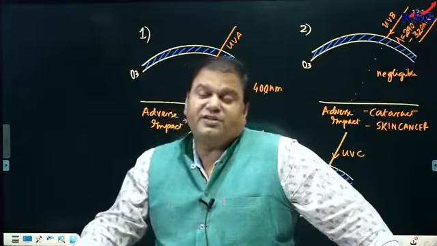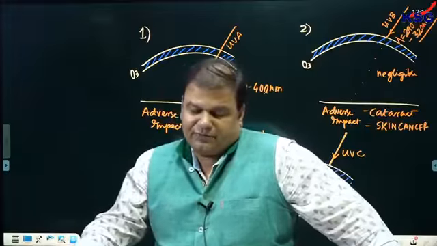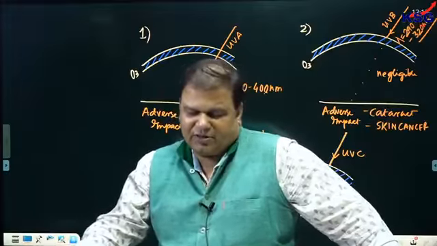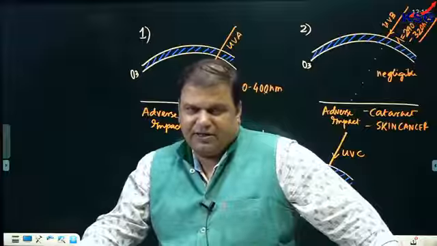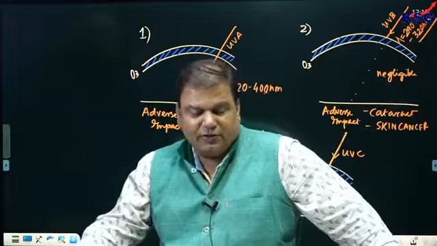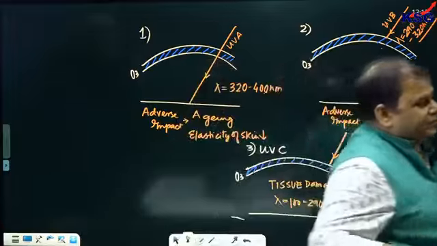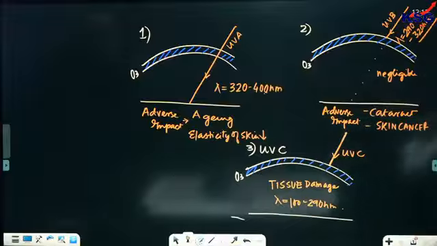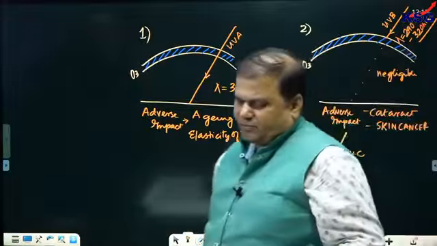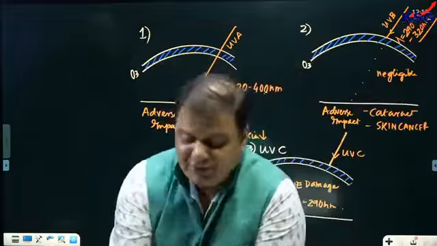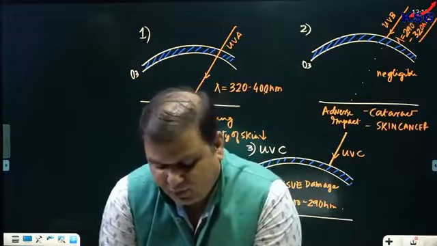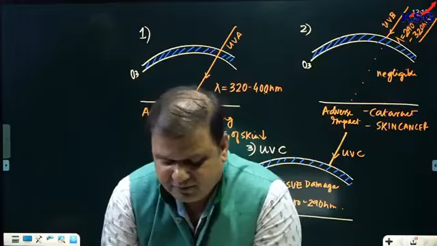When it is present in the stratosphere, where in the stratosphere? The ozone layer. When it is present in the stratosphere, it is beneficial for us, as it is responsible for filtering.